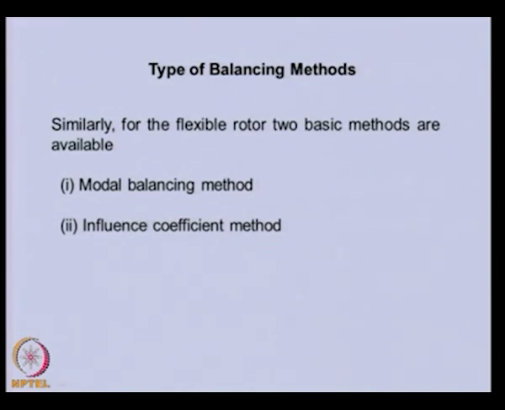Here the influence coefficient will depend upon the speed of the rotor, because we are operating in the flexible mode. This method is more advanced compared to the modal balancing method, which is more difficult, while the influence coefficient method is relatively easy.